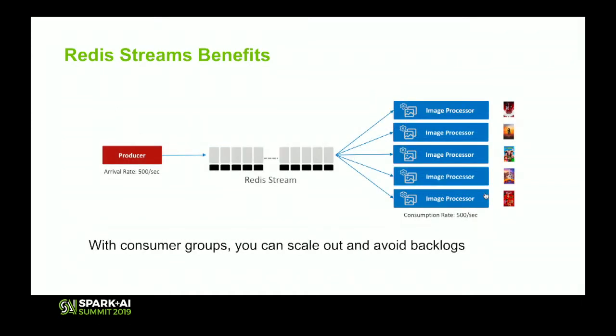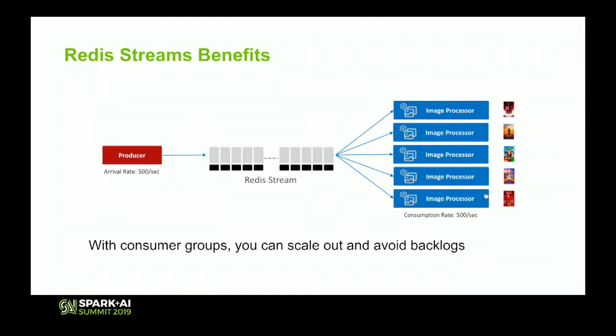And the other thing is scaling out. If your producer produces a lot faster than one of your consumers can consume, let's say image processing. In this example, the producer is producing 500 images per second, but your consumer can process, let's say, 100 images per second.